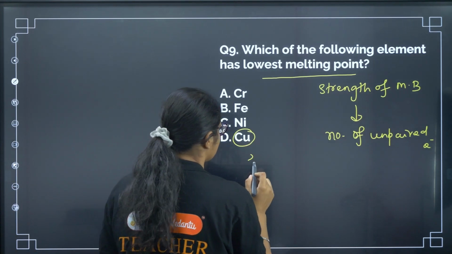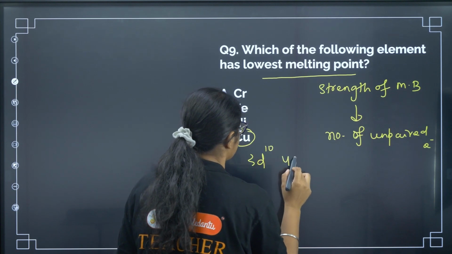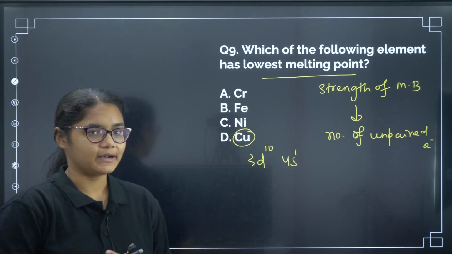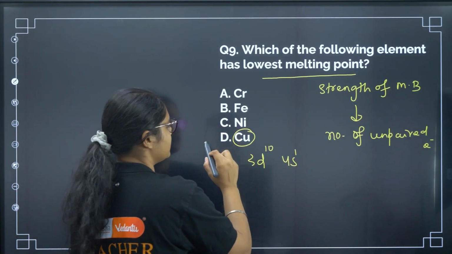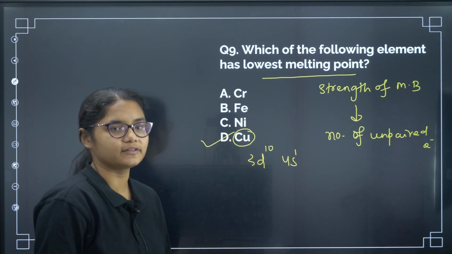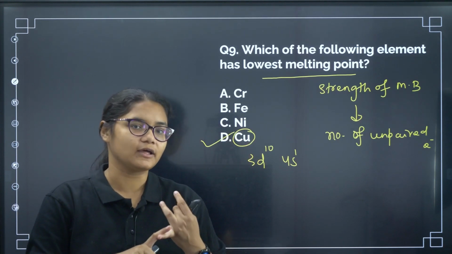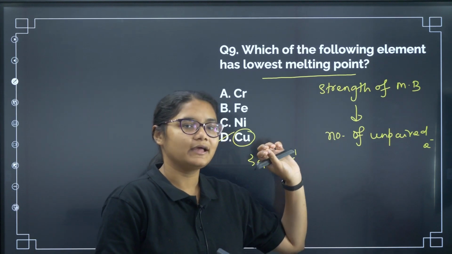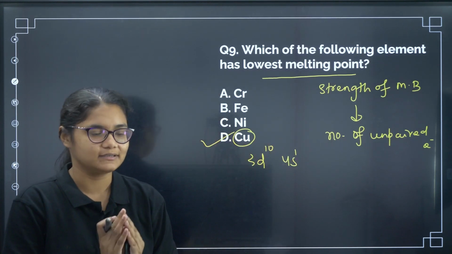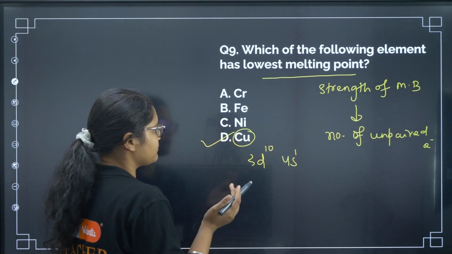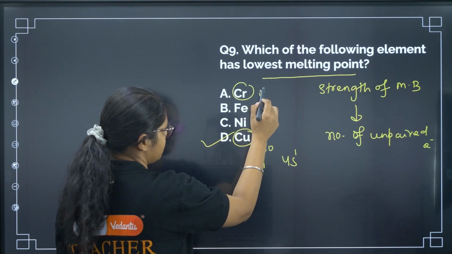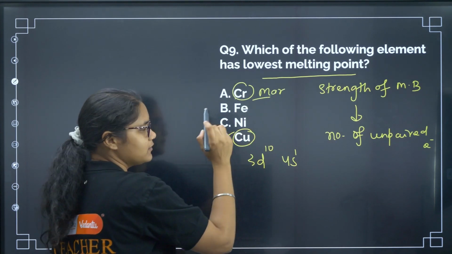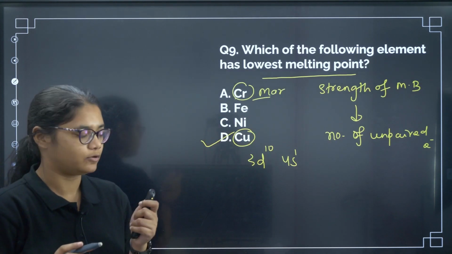It is 3d10 and 4s1, so there is only one unpaired electron. So it will have the least melting point. The reason is there are fewer unpaired electrons, so weak metallic bonding, as a result of which the melting point is less. And if it is asked for the maximum, it is chromium because it has the highest number of unpaired electrons.